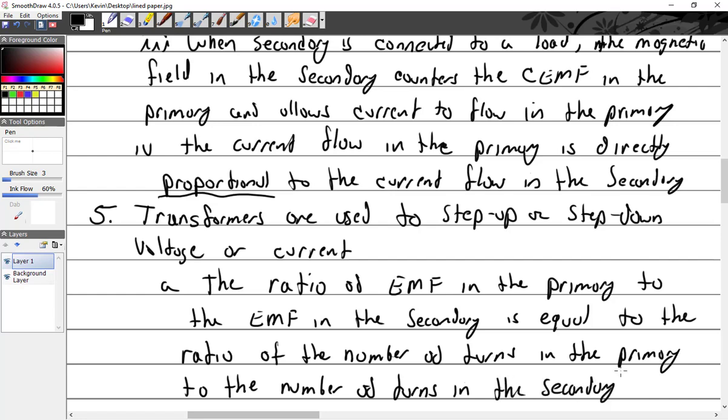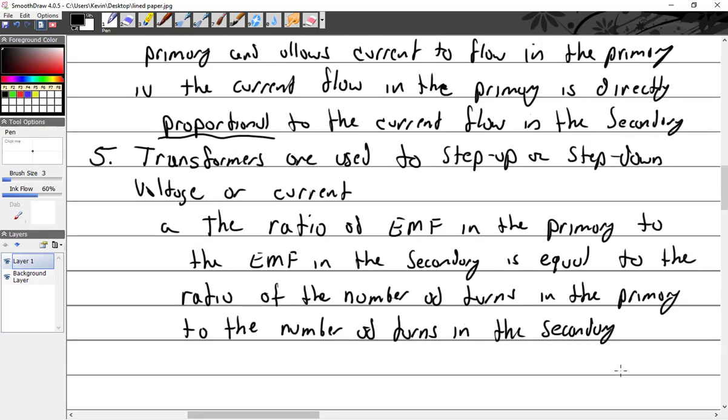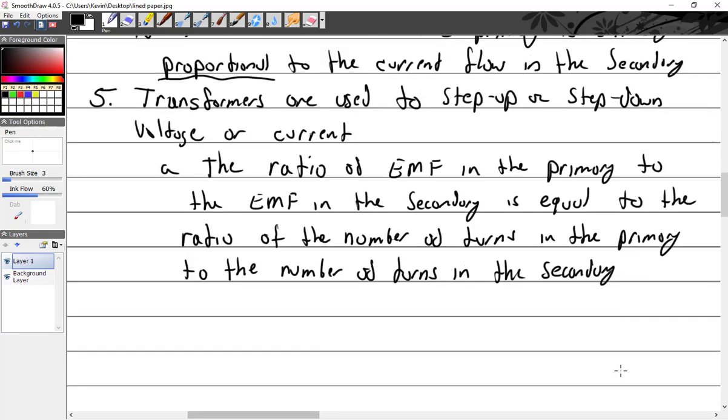Which is to say, this entire ratio of what happens between the voltage in the primary to the voltage in the secondary, and also the current in the primary and the current in the secondary, is going to be completely dependent upon how many turns of wire there is between one to the other. So you could literally count them, and you would figure that out.